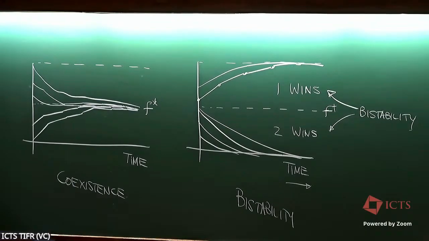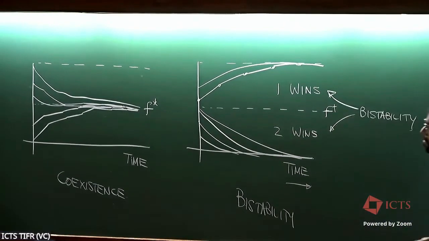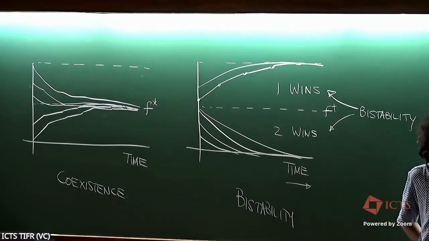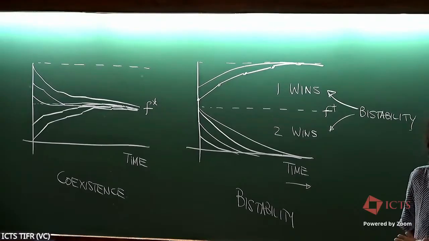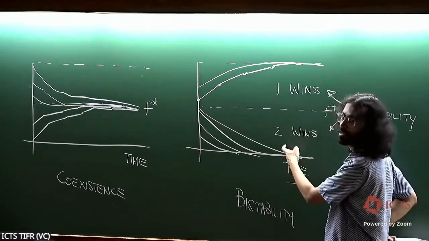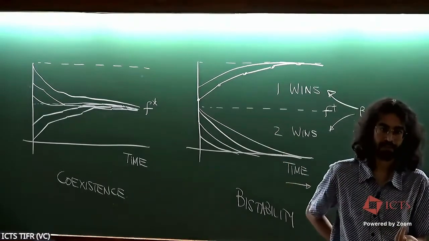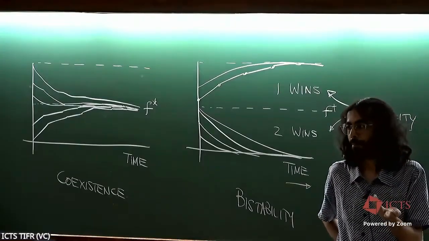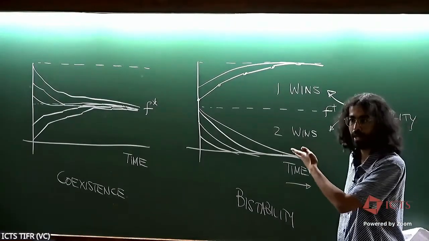Anything else? What about if, like, can this curve look anything different? I don't know, when I first saw this, I was like, oh, why does there need to be just a bistability? Why can't there be a tristability? Or why can't there be a bistability where in one stable state, one species wins, in another stable state, both species coexist? It's not impossible, right? It didn't have to be this way, right?